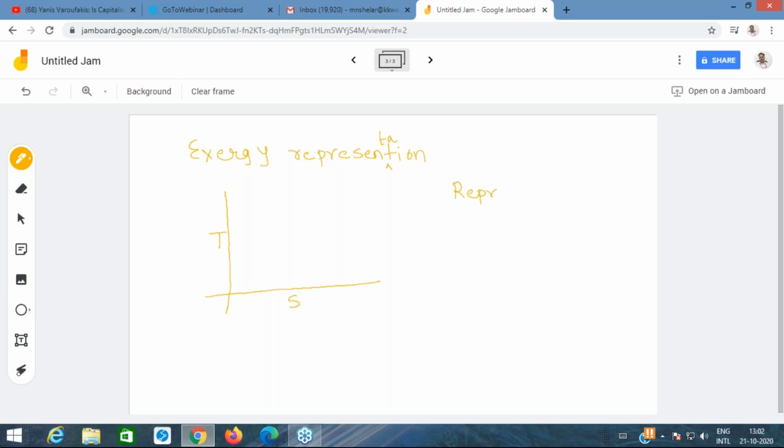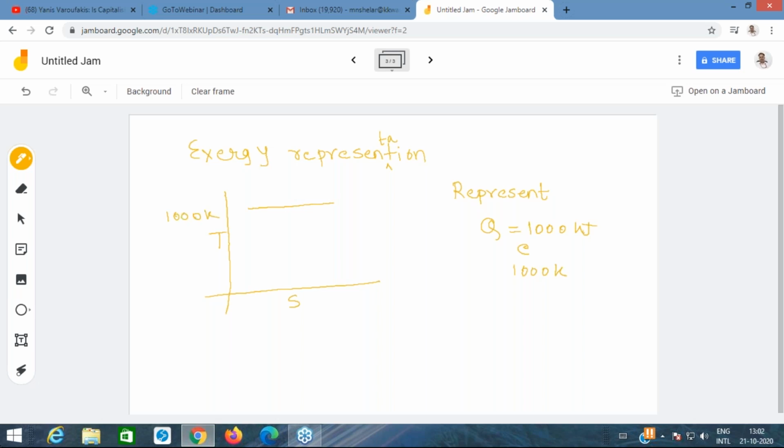How much is the heat supplied? Represent the heat supplied on the temperature entropy diagram, which is at 1000 Kelvin. So suppose this is 1000 Kelvin.